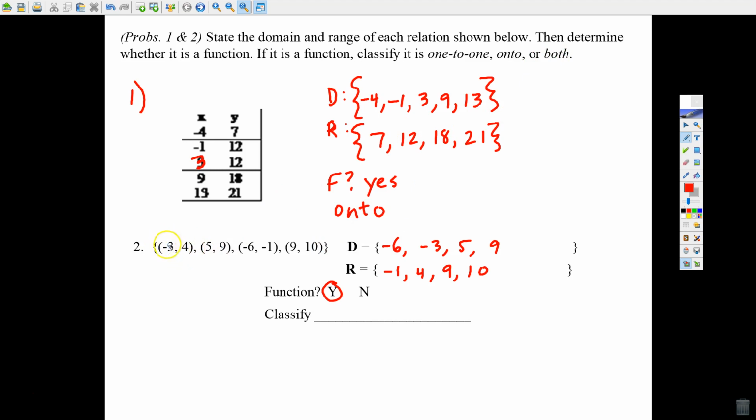If we think about it, a domain element produces a unique range in every case, and that works going the other way around. Every range is paired up with a unique domain element. So we actually have the both classification here. It is both 1-to-1 and on-to.